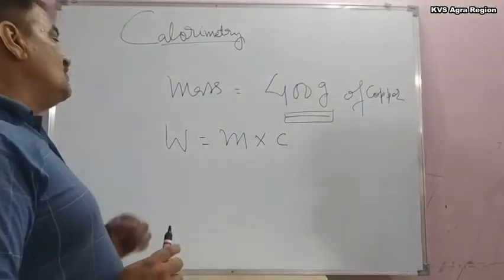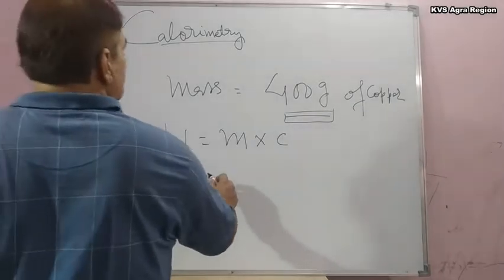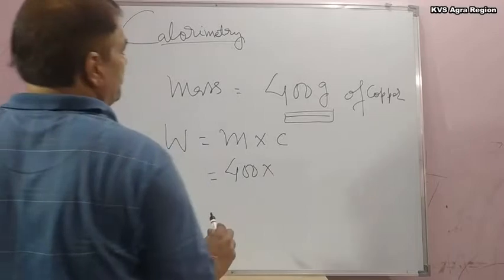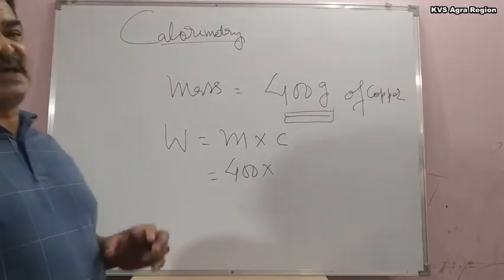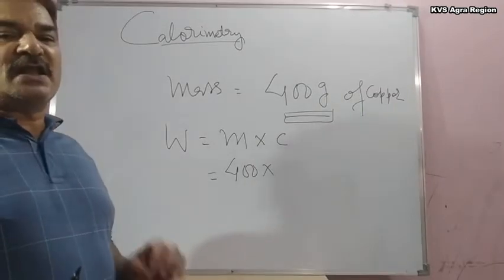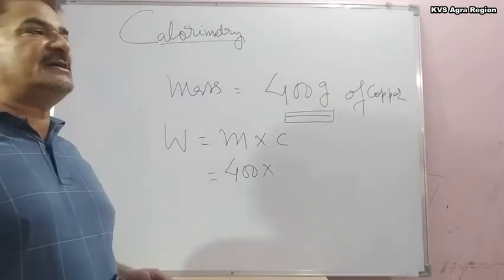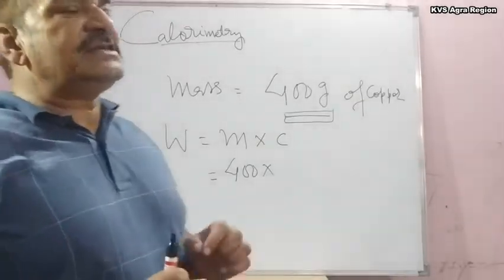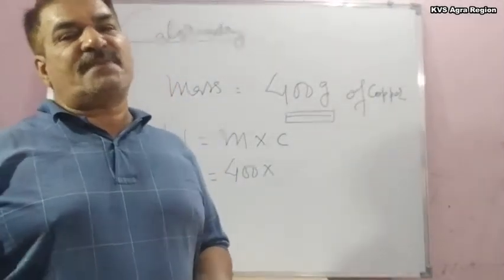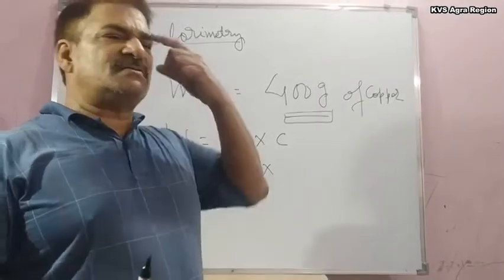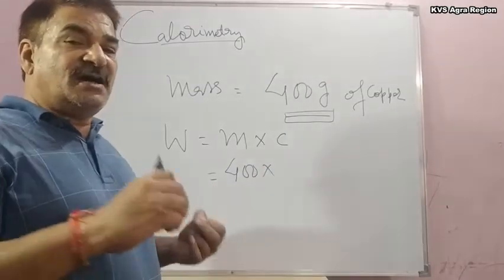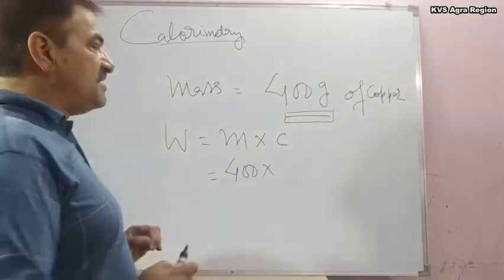It will be calculated as mass of copper 400 into the specific heat of copper, which is about 0.1 calorie per gram degree Celsius in CGS, or 390 joule per kilogram degree Celsius in SI. Here we have to take this value of C in the CGS system in calories.